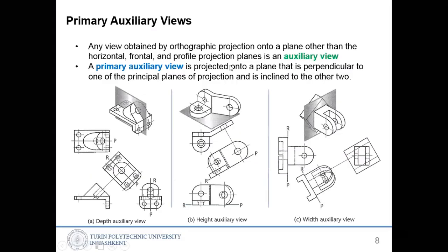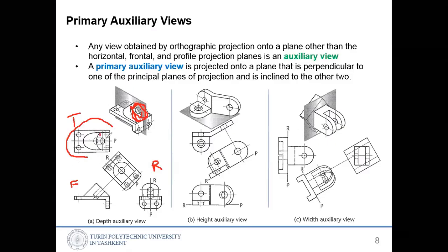So the same thing is happening here. Why do we need an auxiliary view? Just again to understand: this side is inclined, not parallel to the other projection planes. That's the top view, that's the front view, and the left and right-hand side views.